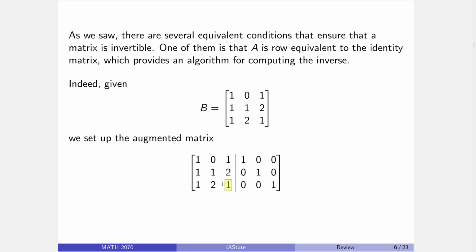And if I do indeed get the identity matrix on the left, then the resulting matrix on the right is all of the multiplications of the row operations, and those would have to then be the thing that multiplies b to get us to the identity. So what we end up with on the right is indeed the inverse.